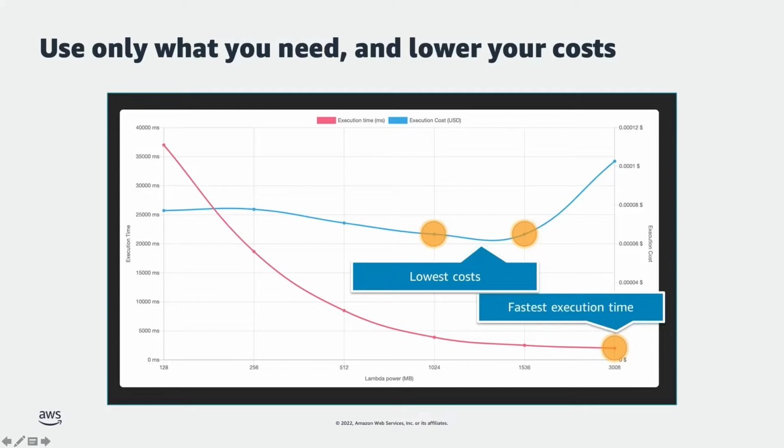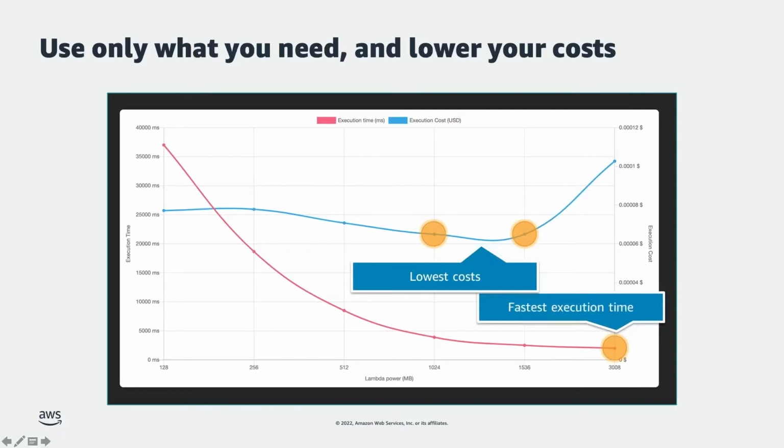However, in many cases, increasing the memory available achieves both a decrease in the execution duration, as well as the lowest cost for your Lambda executions. So in this example that you see on screen, you can see how this particular function has the lowest cost at both 1024 megabytes of memory and 1536 megabytes of memory, with an increased execution performance on the latter. So you want to find that sweet spot.